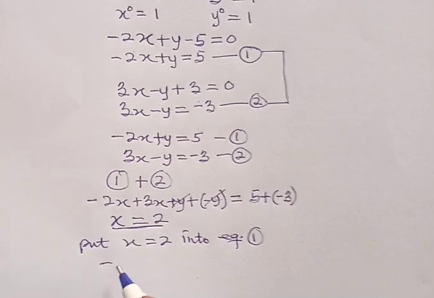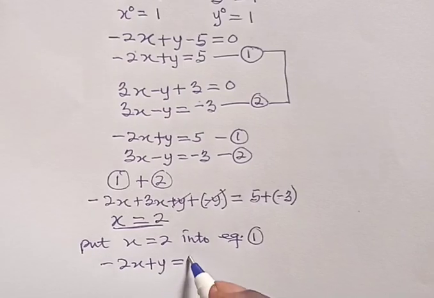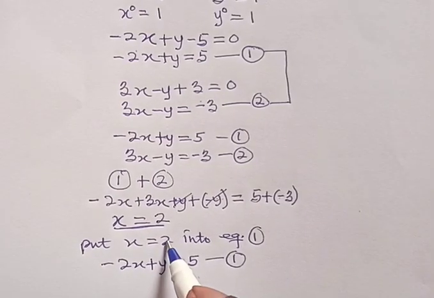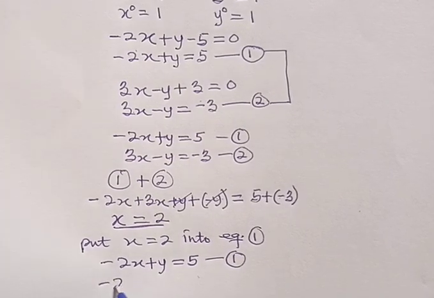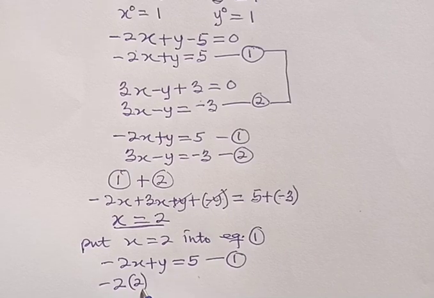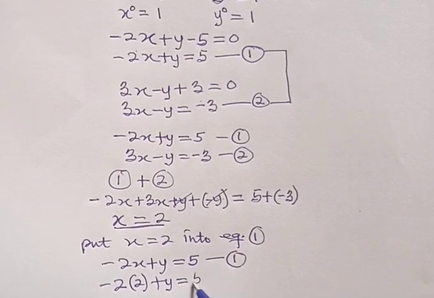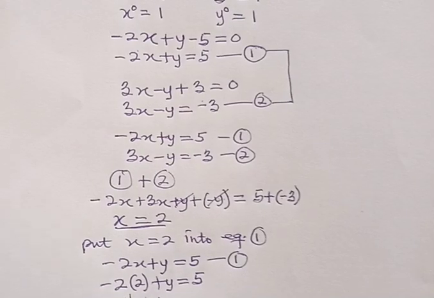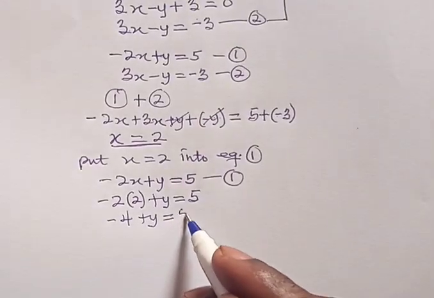Now, this is equation 1. So I'm going to put 2 in place of x in this equation. So I'll write negative 2 times 2 plus y, which is equal to 5. So here becomes negative 4 plus y is equal to 5.